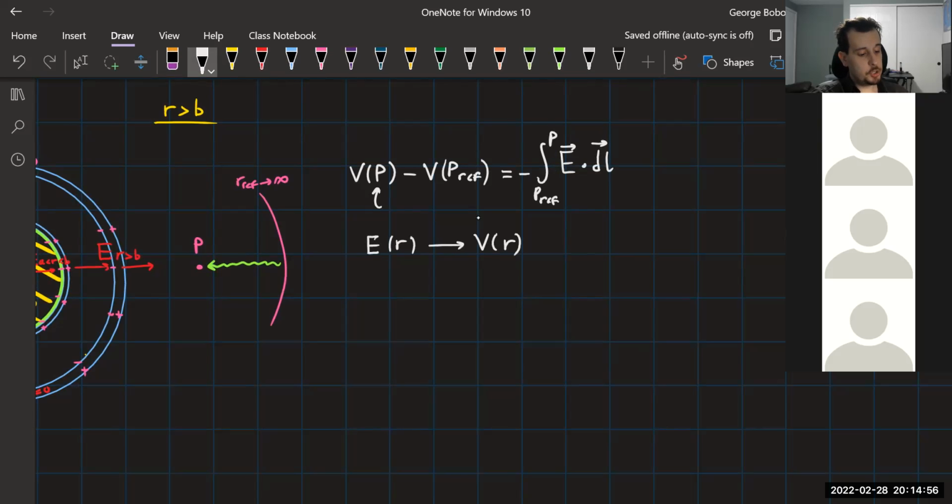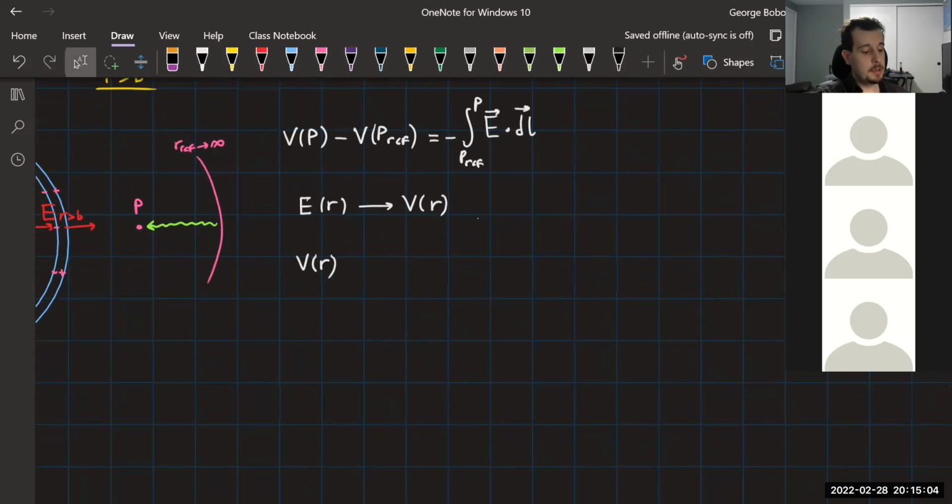That means for the position of point P, we only need its R component. We don't care about theta or phi. For the reference point, we took infinity, and we know that the potential there is 0. That's what happens for finite distributions always. And then we're integrating the electric field on the very outside.